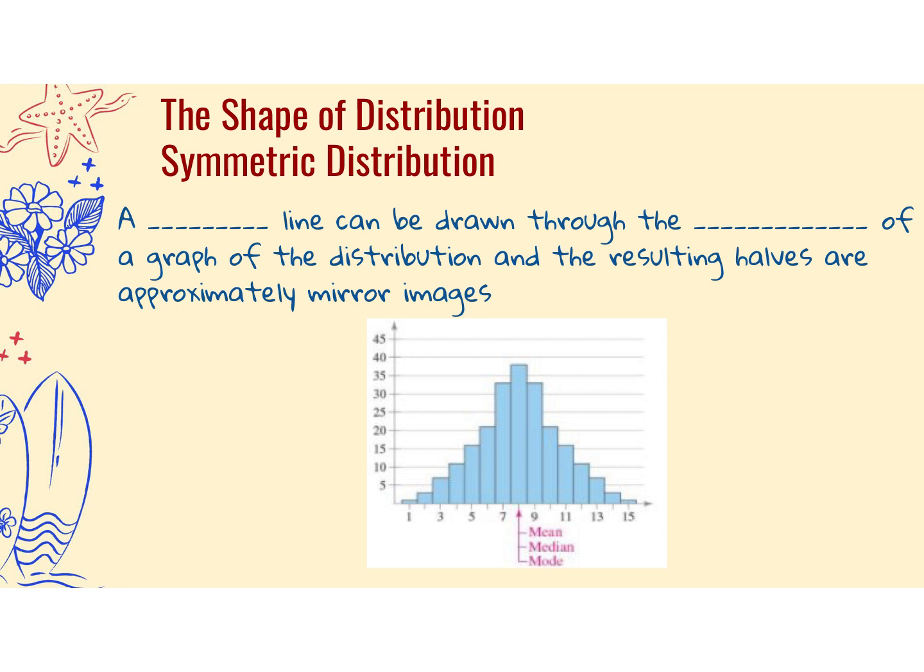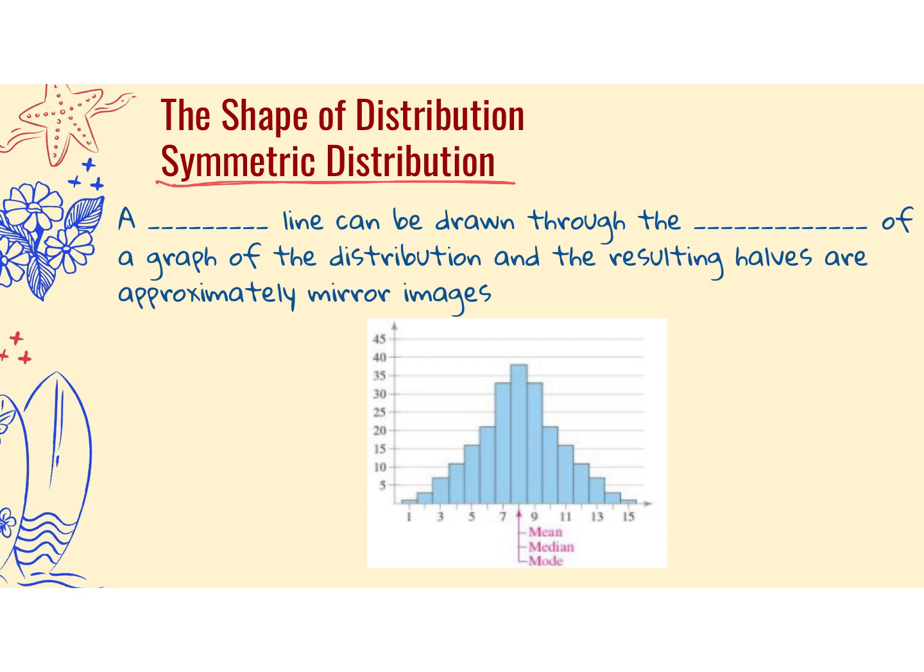We're also going to talk about the shape of distribution in this section. The first one we're going to talk about is symmetric distribution. So if you think about symmetric, you think about symmetry, butterflies, when it looks the same on both sides.